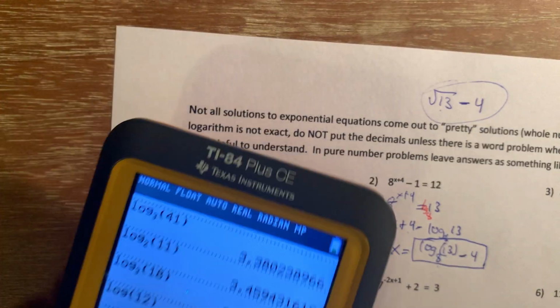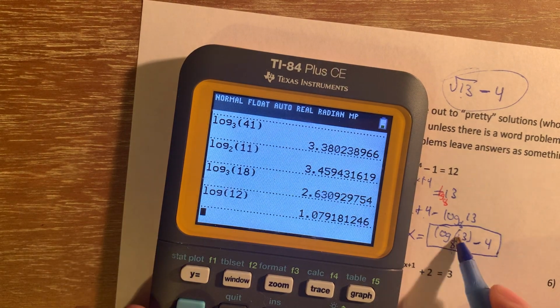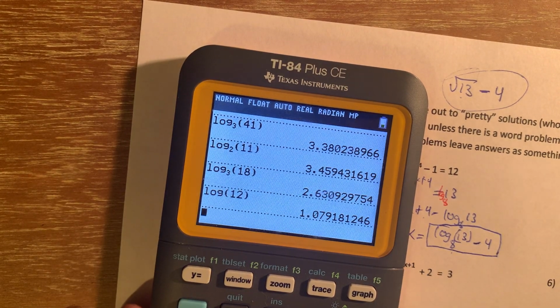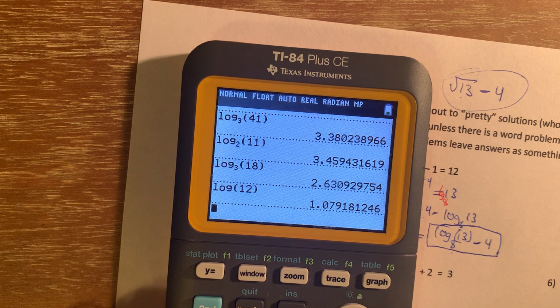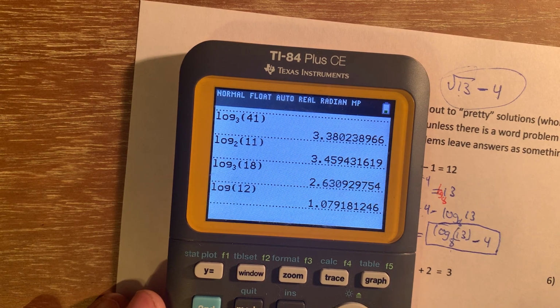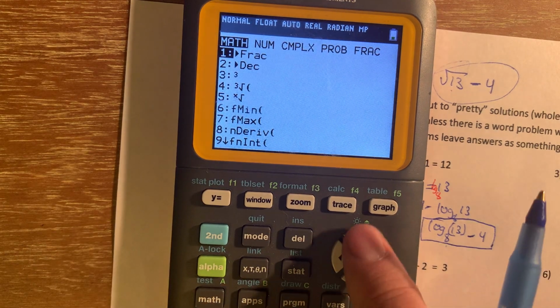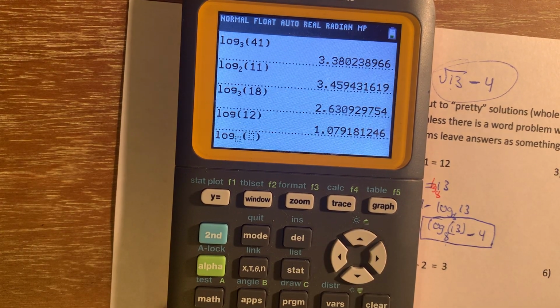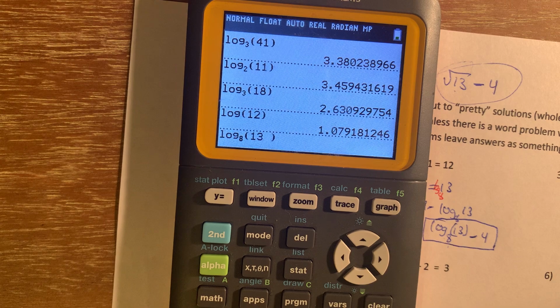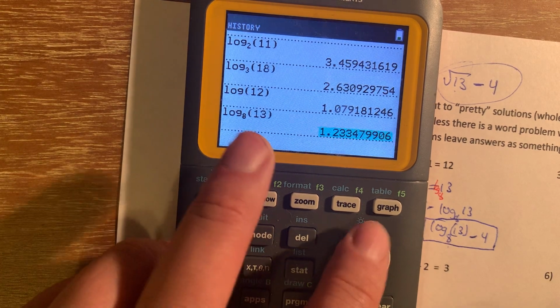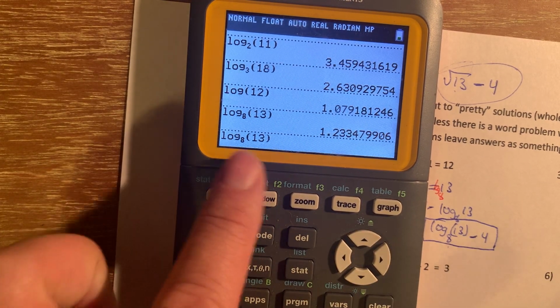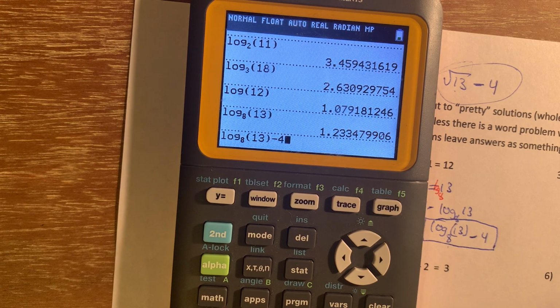Now, again, could we get it as a decimal? Yes, but you want to wait till the end to plug it in. Otherwise, you're going to lose some accuracy. So we want to type it in like this. So remember how we get to it. We press math, up, log base 8 of 13. Log base 8 of 13, close the logarithm to make sure it's ended, minus 4.